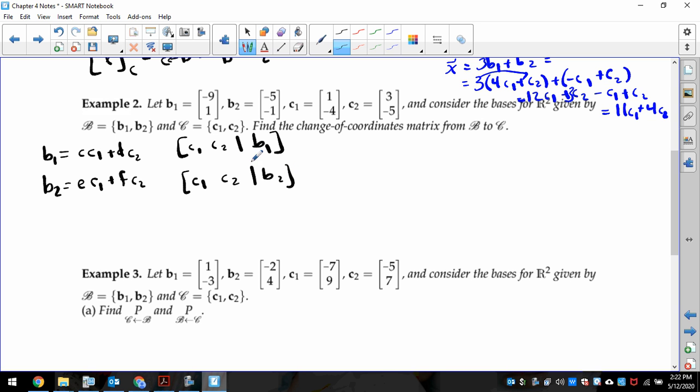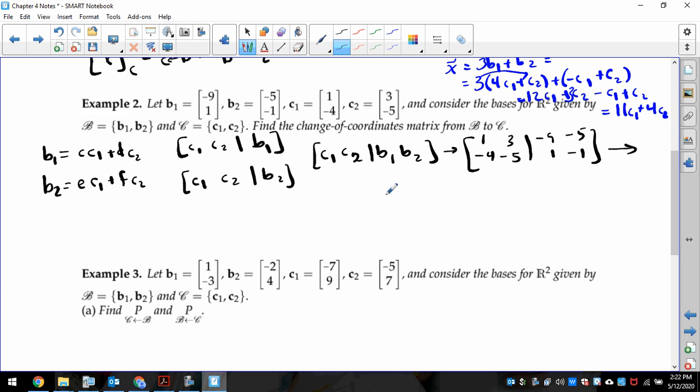So instead of doing two row operations, we can actually combine the row operations to be done simultaneously. So we can do C1, C2, and then augment that with B1 and B2, and then row reduce. So let's go ahead and do that. So this is going to be 1, -4, 3, -5. This is C1, C2. And then here's B1 and B2. And then we'll start row reducing.